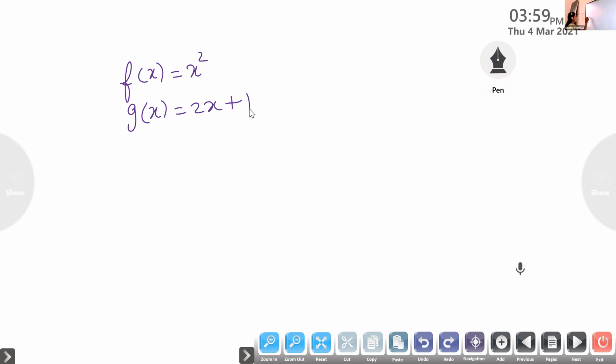Find F composition G and G composition F, and check whether they are equal.